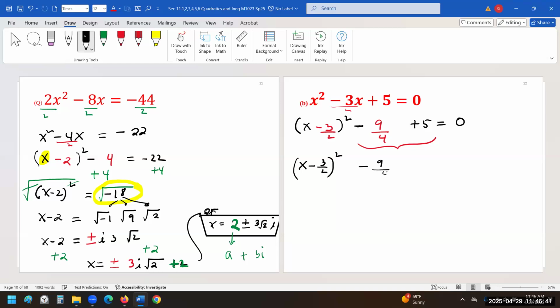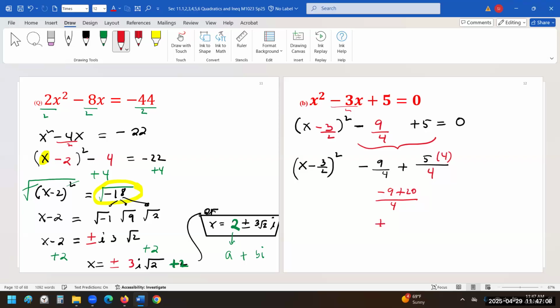And in order to combine them, we want to have the same denominator of 4 here. That means you also have to multiply the numerator by that. So we get minus 9 plus 20.